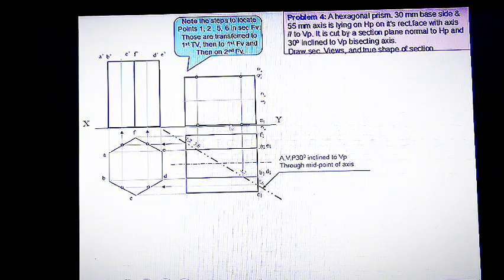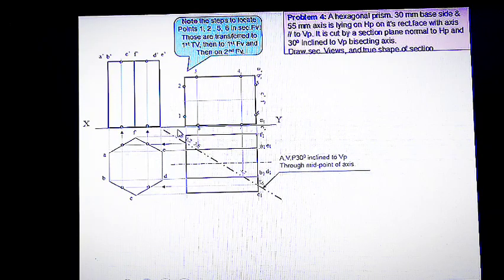Now you will get these lines by marking this distance from F dash on both sides. You can get these intersecting points. So 1, 2, 3, 4, 5, 6 and 7, 8. Now we got all these intersecting points.